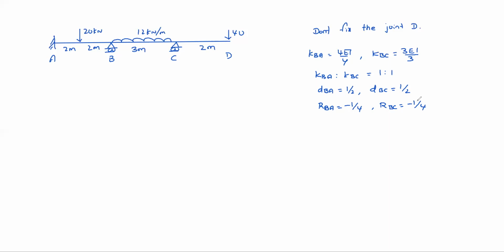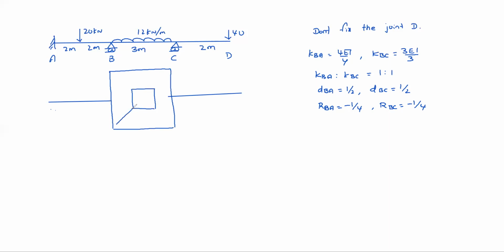Now we see this one table, only AB, BC span. Okay. We know the fixed moments.